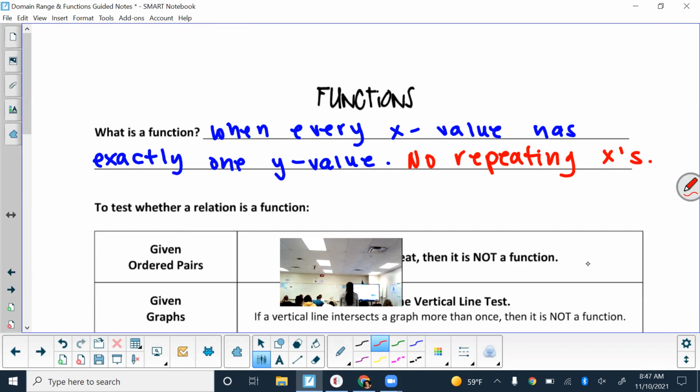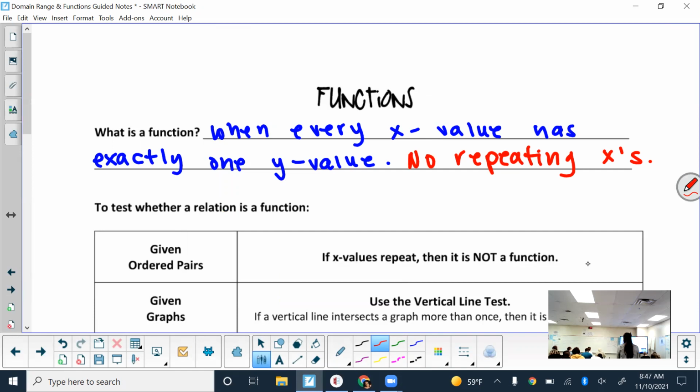And with these, there's a ton of ways that the information can be displayed to you. It can be ordered pairs, it can be a graph, it can be a map, it can be a table. So just make sure we look at all our x's and see if any of them repeat. If the x values repeat, it's not a function. So here's an example.